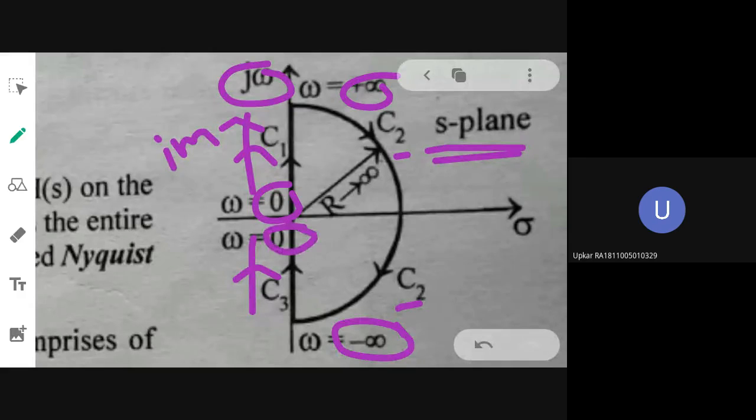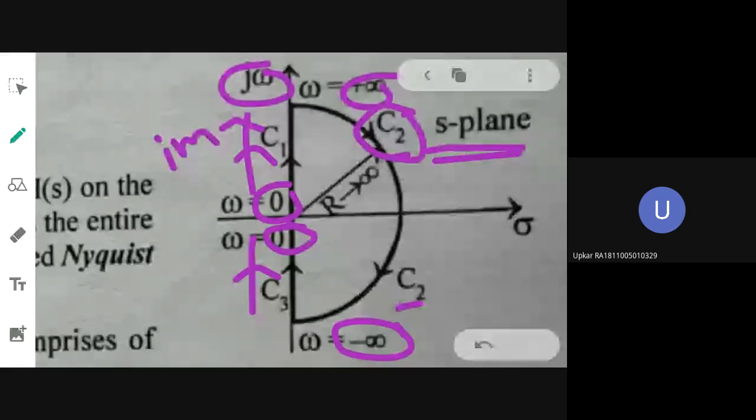What about the C2 segment? What can you say about the C2 segment? It covers the entire right half of the S plane, and the radius is tending to what value?